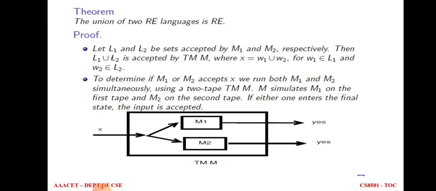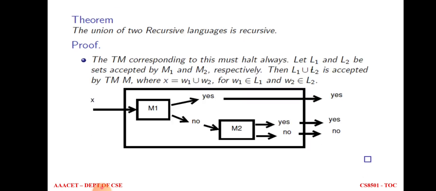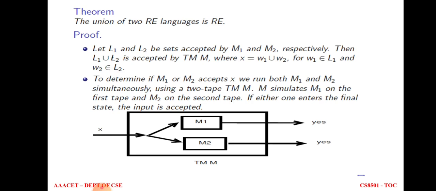The second theorem is the same operation of union, but the first one is the union of two recursive languages, while the second theorem is the union of two recursively enumerable languages. RE is recursively enumerable. In the second unit, RE can represent regular expression, but in the fifth unit it is recursively enumerable language.